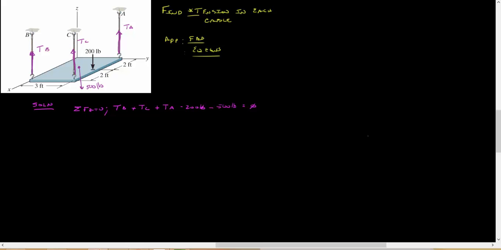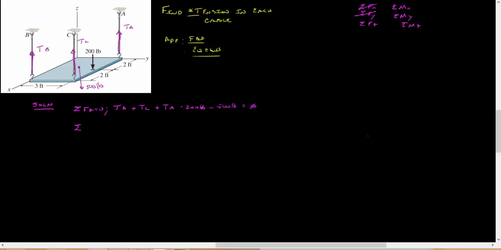So I sum my forces in the z. Now, remember I had those 6 equations: force in the x, force in the y, force in the z, moment about the x, moment about the y, and moment about the z. So really, if I did anything in the x and the y, am I going to get anything?